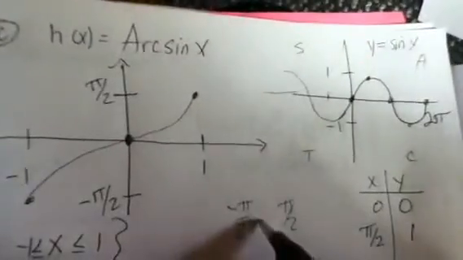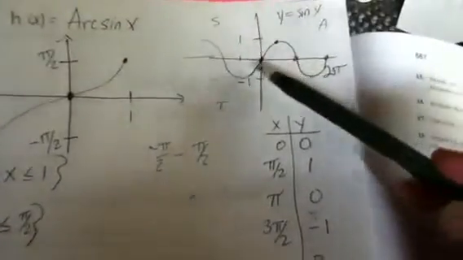That's going to be my restriction. So when I do my angle measures, I only need angle measures on the vertical axis between +π/2 and -π/2.